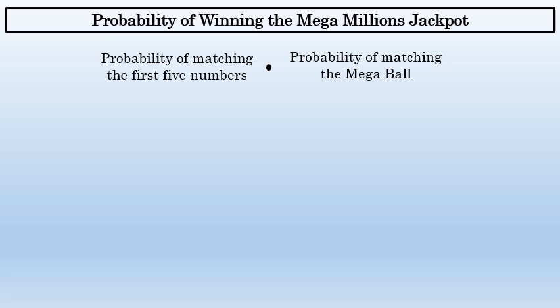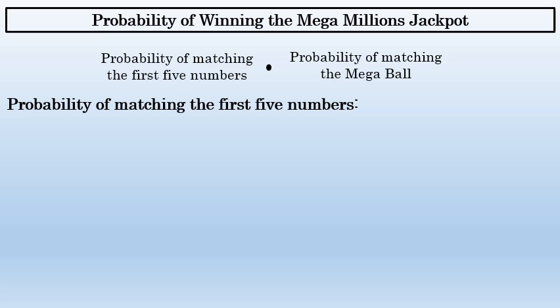Anytime you're trying to find the probability of 2 separate events together, the total probability is the probability of the first event occurring times the probability of the second event. In this case, it's the probability of matching the first 5 numbers times the probability of matching the mega ball. So we're going to have to calculate both of these probabilities.